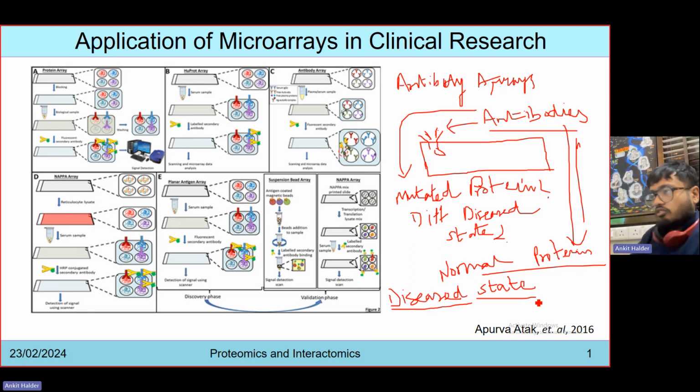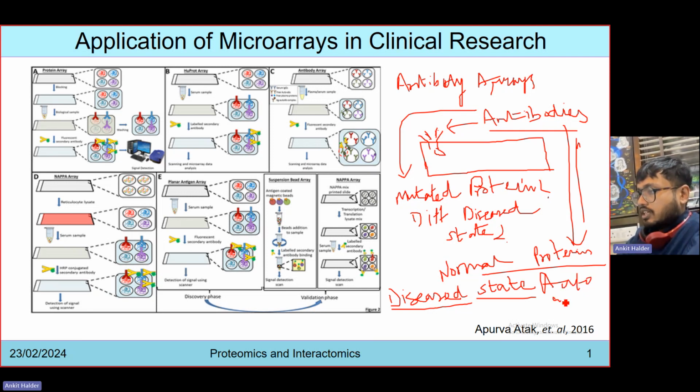In a disease state, what is happening? In a disease state, whether there are any autoantigens, so detection of autoantigens.